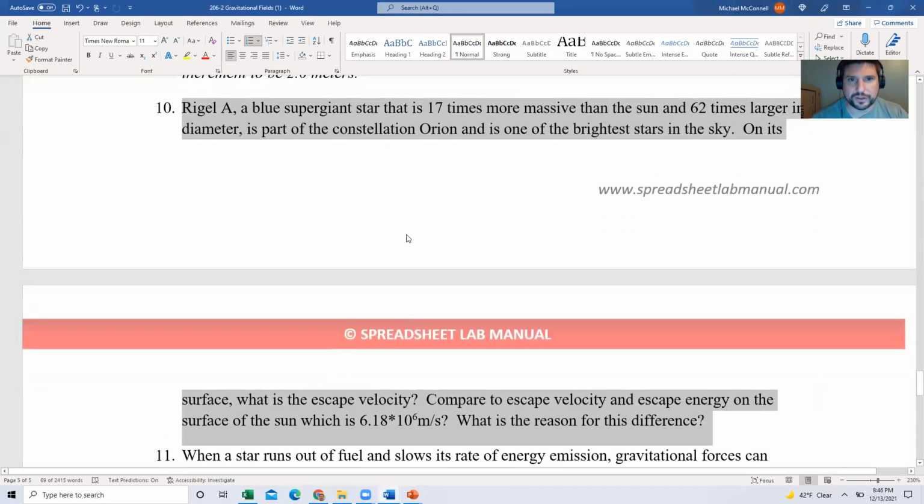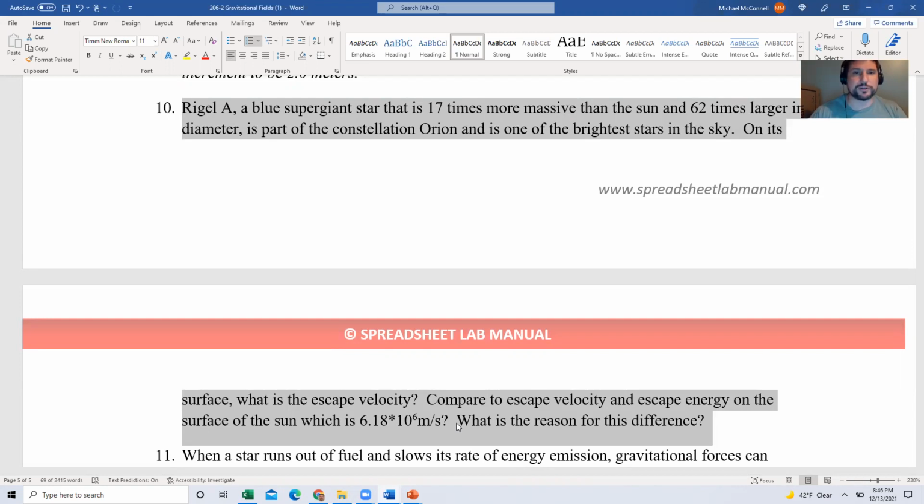But as far as the difference, why is it having a smaller escape velocity than the sun, which is smaller in mass? That's because it's very hot. And being very hot, it's giving off blue light that's hotter in temperature than the yellow light that the sun gives off. Being so hot, it's expanded to begin with. And that expansion of the gases kind of lifts up off the surface.